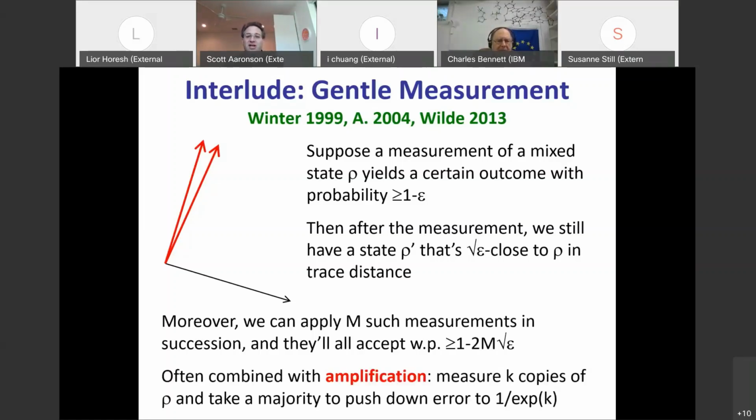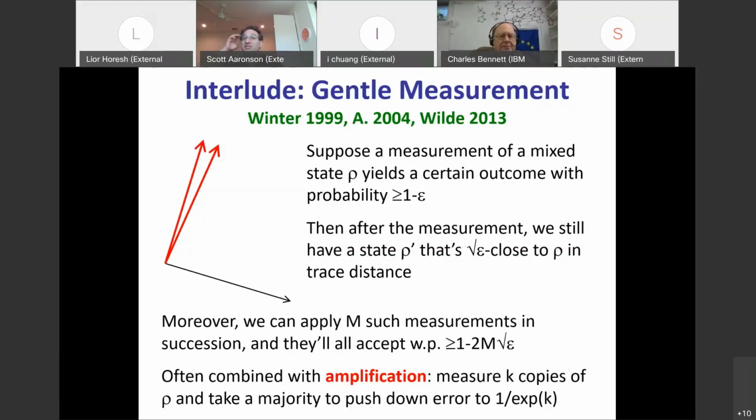Now, this technique of gentle measurement is often combined with amplification, which would mean that instead of measuring just one copy of my state rho, to see does this measurement accept rho or reject it, I will take k copies of rho. And now I will implement a single measurement that says: simulate applying my measurement to each of these k copies, and then only tell me, did the majority of the measurements accept or did the majority of them reject?